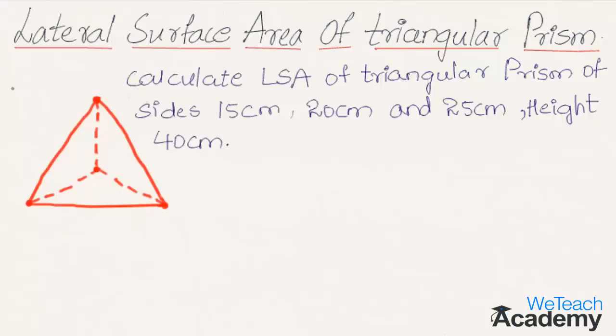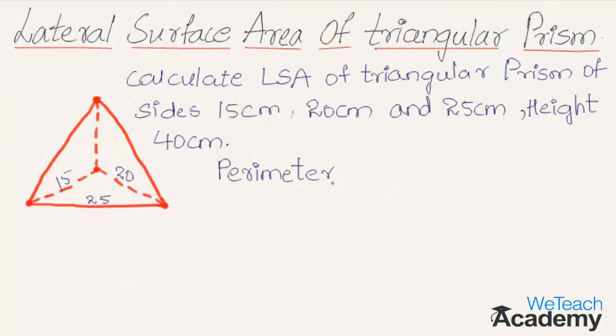The given example is: calculate the lateral surface area of a triangular prism with sides 15 cm, 20 cm and 25 cm and height 40 cm. Here we are given the sides 15, 20 and 25 of the base of the prism. First let us calculate the perimeter.